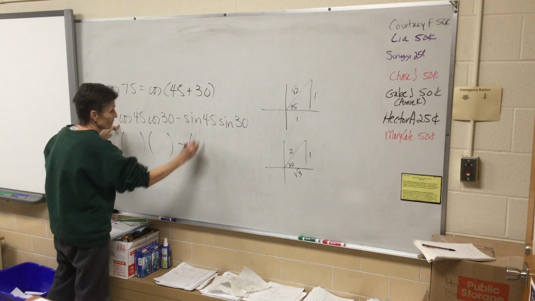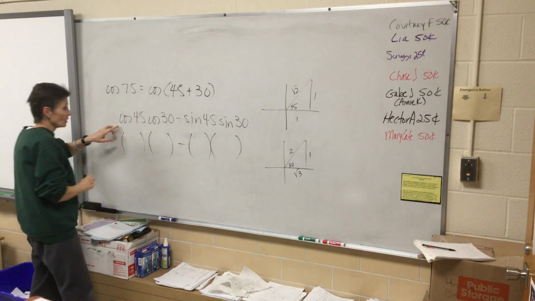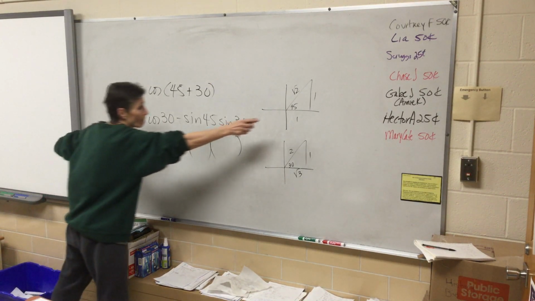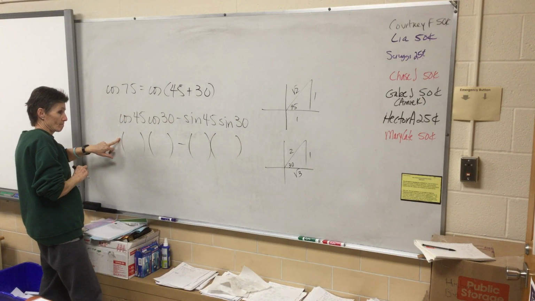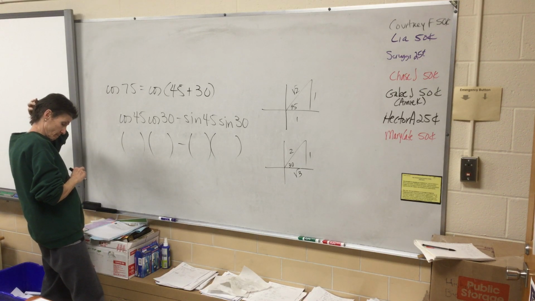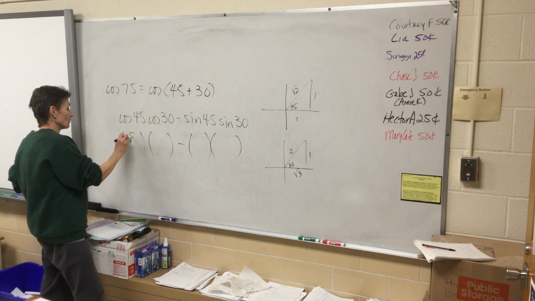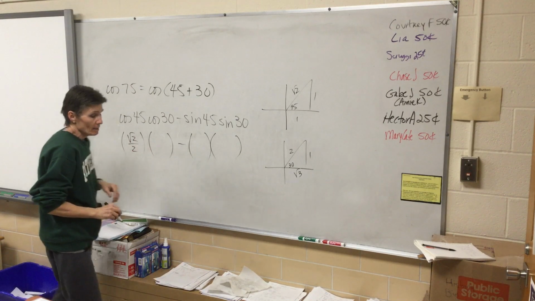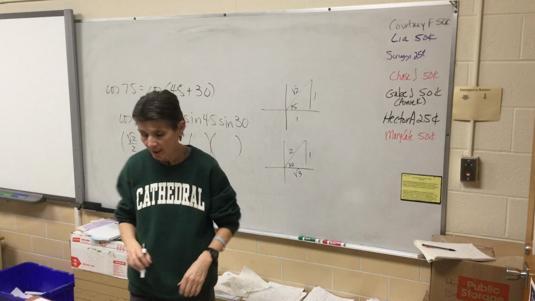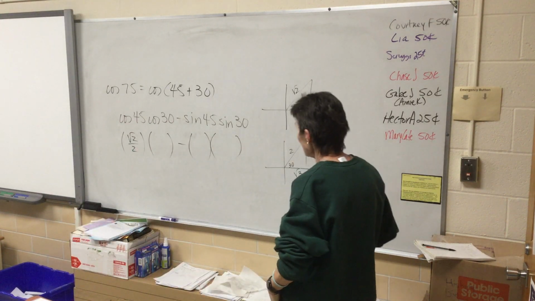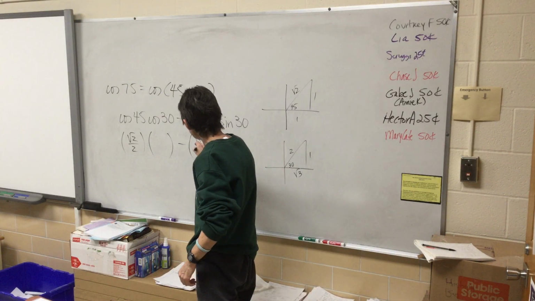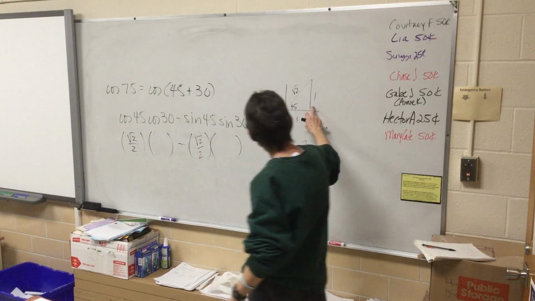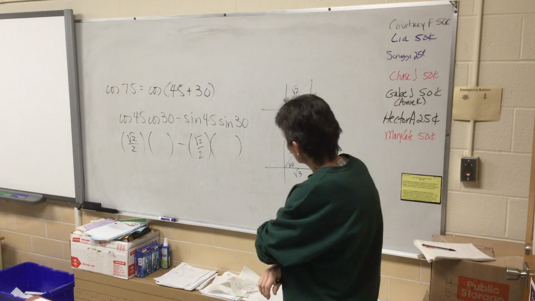I'm going to start plugging all these numbers in now. 1 over radical 2. I'm going to write that root 2 over 2 because I'm eventually going to have to rationalize it anyway, so I'll just do it right now. And isn't that the same as the sine of 45? They're exactly the same, the sine and cosine, so I'll go ahead and fill that one in.